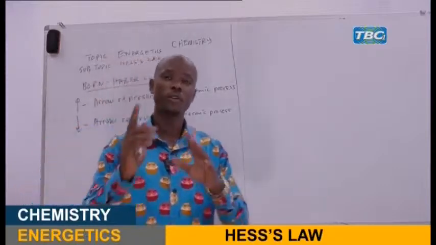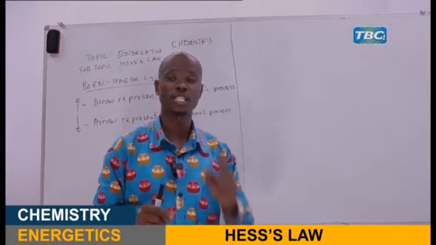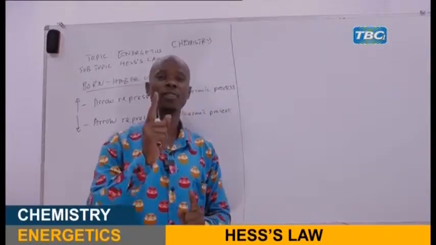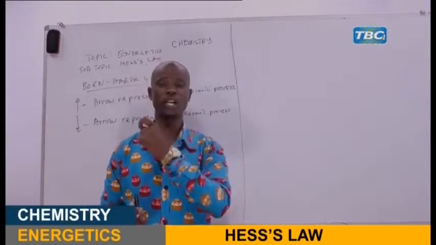So when you see the arrow pointing downward, that means that process is exothermic, and when the arrow is pointing upward, that means that process is endothermic.